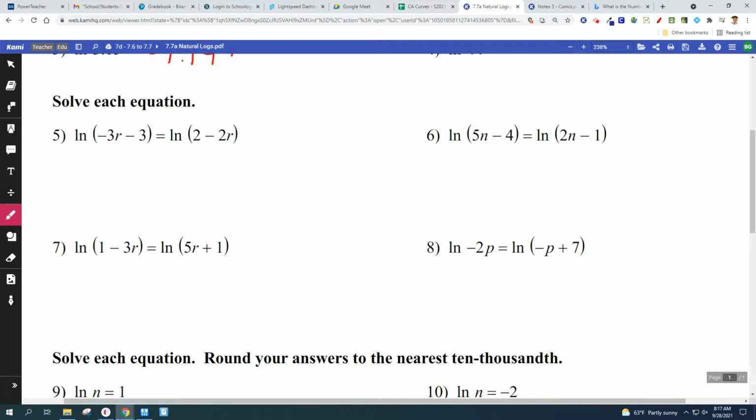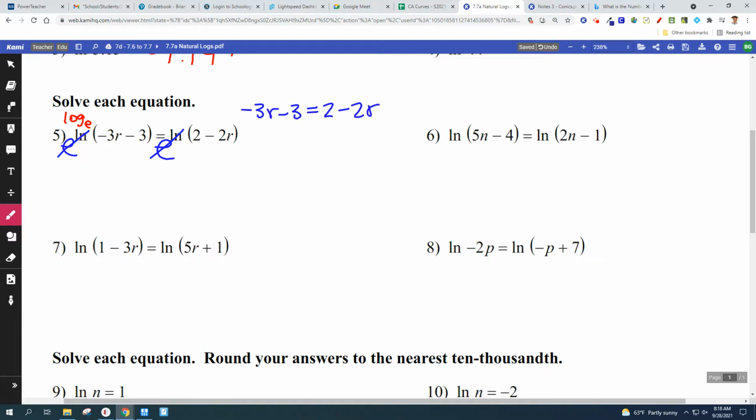Well, in this problem, it's a log base E. Ln is log base E. So what I'm going to do is take a base E on both sides. Now in this problem, that doesn't really do anything for me other than that just cancels out my LNs, and I would be looking at negative 3r minus 3 equals 2 minus 2r.